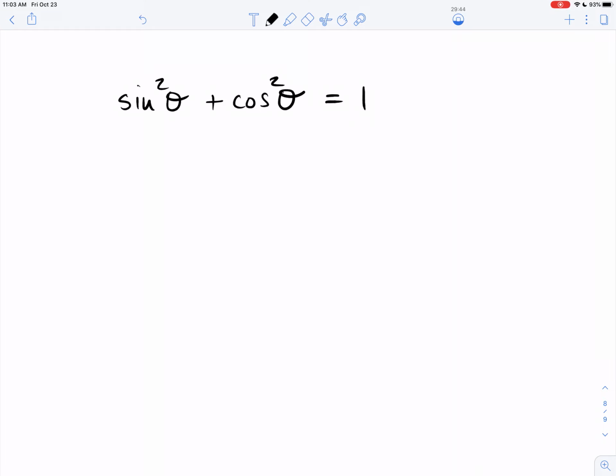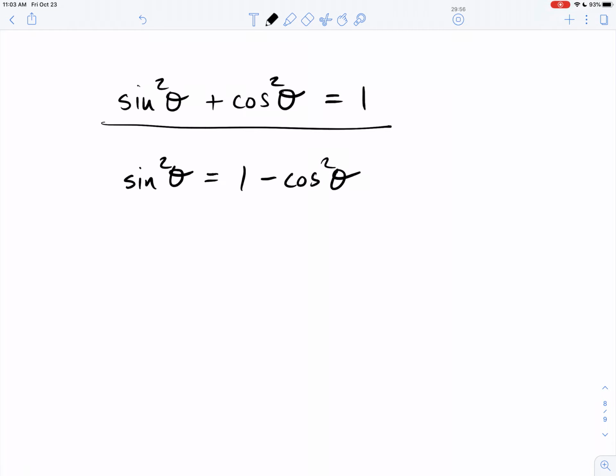It will, because guess what? Sometimes we don't want to use it looking like this. Sometimes we want to use it looking like this. What did I do? I took the original and I just subtracted cosine squared from both sides.